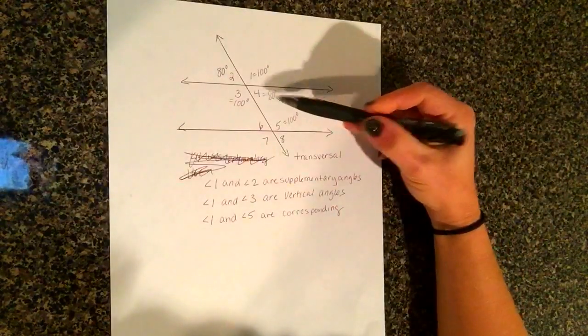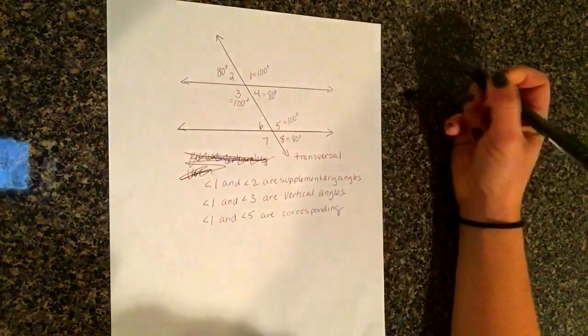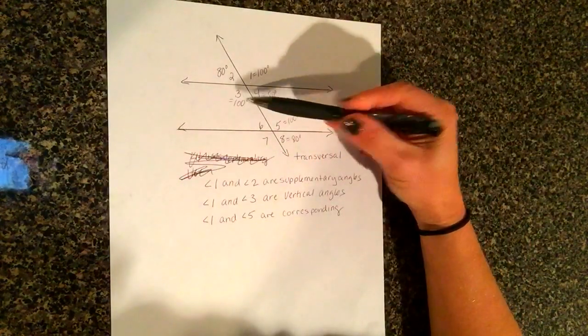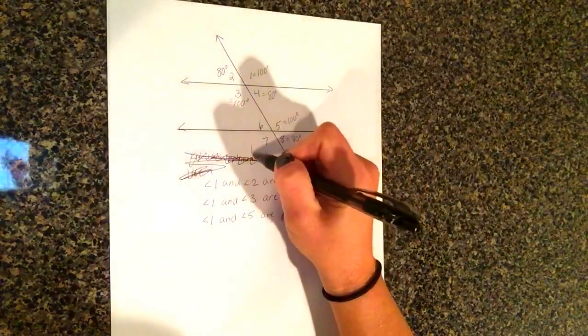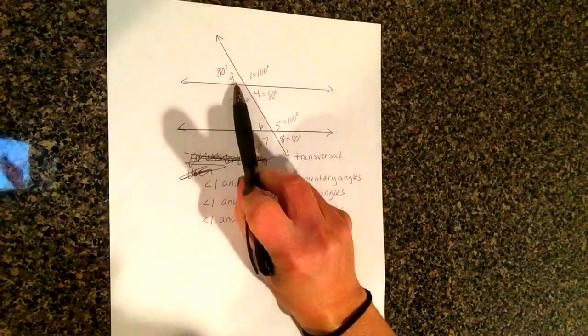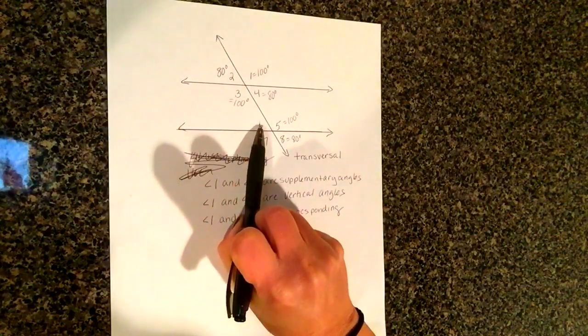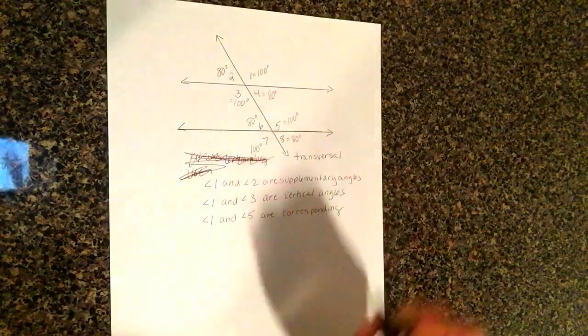Angle 4, because it corresponds to angle 8, is equal to 80 degrees. Angle 3 corresponds to angle 7, so that has to be the same as 3, or 100 degrees. And then angle 2 would land on angle 6, so therefore angle 6 is 80 degrees.